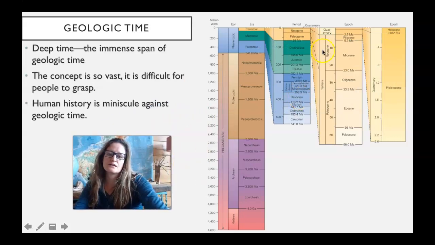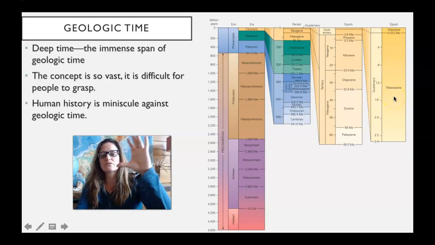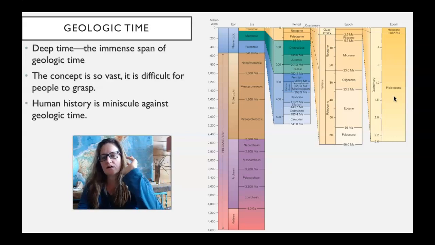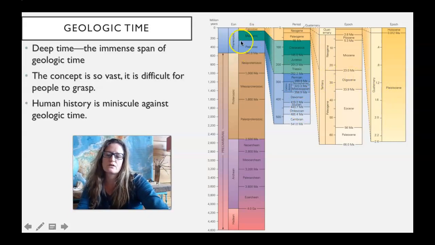We are in the Holocene, that is after the last ice age from the Pleistocene. The Pleistocene and the Holocene are part of the Quaternary, and the Quaternary is part of the Cenozoic. And the Cenozoic, Mesozoic, Paleozoic eras are all part of the Phanerozoic.